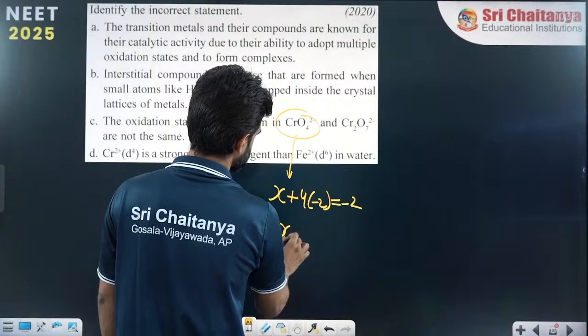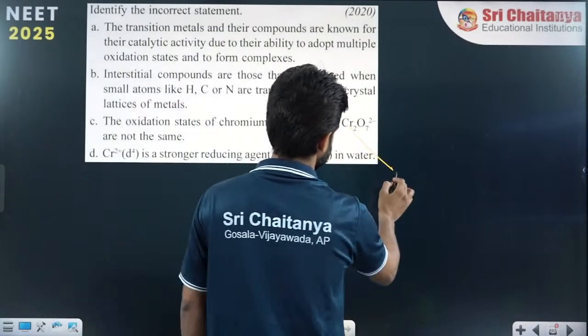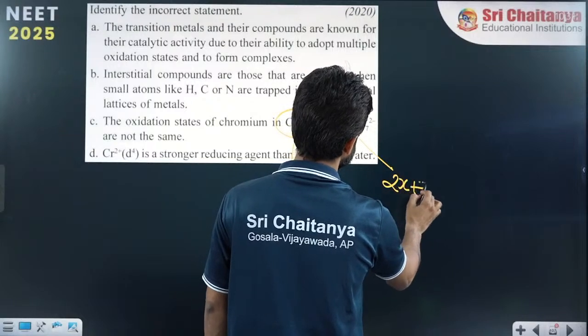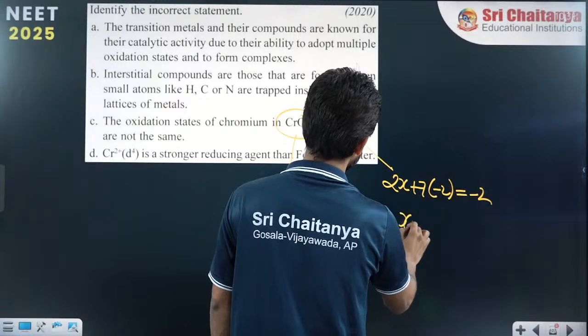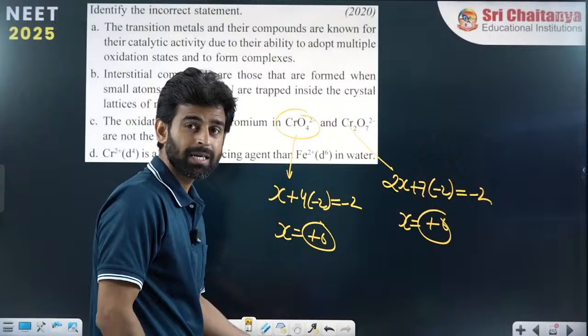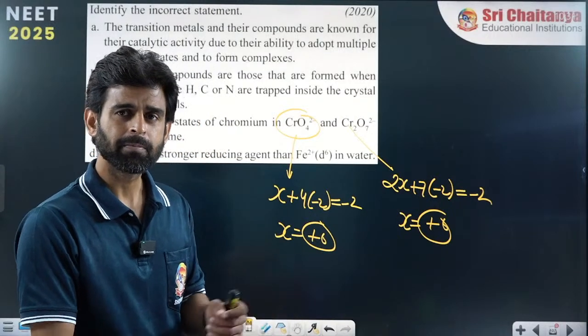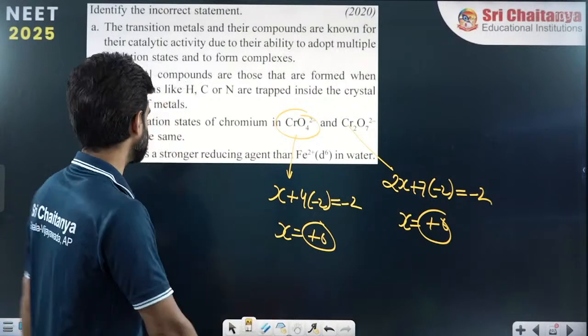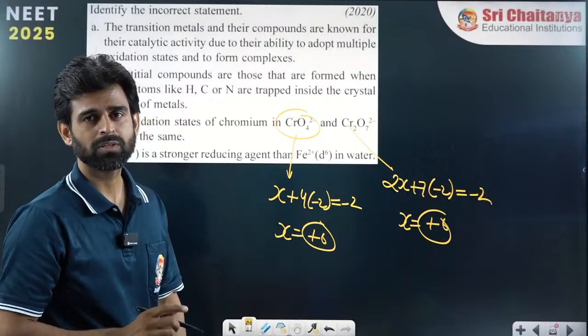So X is coming plus 6. Chromate ion; dichromate ion, 2X, 7 into minus 2 equals minus 2. X is coming plus 6. So both are plus 6 only. Chromate and dichromate, chromium is present only in plus 6, which is the same. That's why this statement is not right. Their oxidation state is the same, no difference, right?